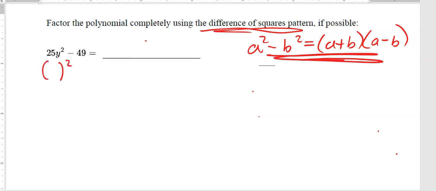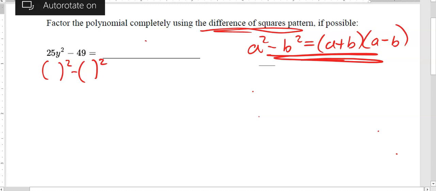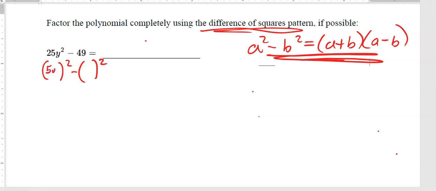And you're going to rewrite the first term and the second term, just rewrite them as if they're squares. So what squared would give me 25y squared? So 5y times 5y gives me 25y squared. If you get a number that you don't know, you could take the square root of it to find out what squared would give you that number.